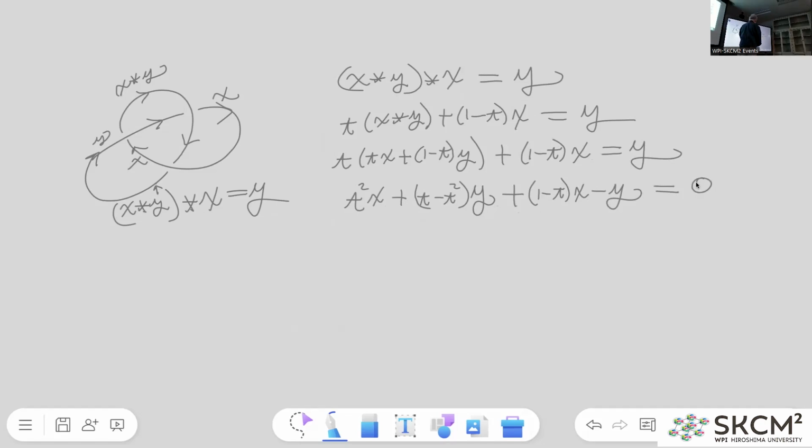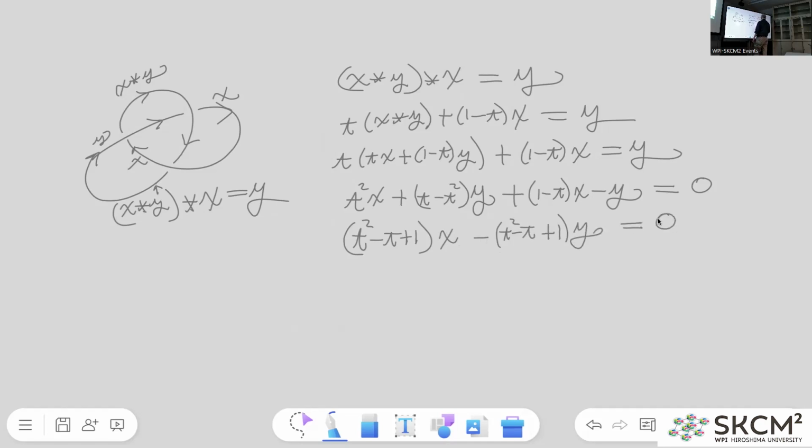So let's see, I should collect my terms as best I can. I get t squared minus t plus 1 multiplied by x minus t squared minus t plus 1 multiplied by y is equal to 0.